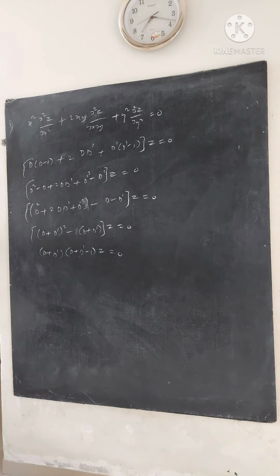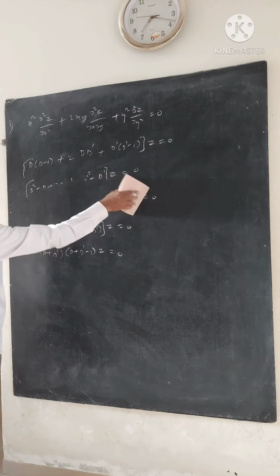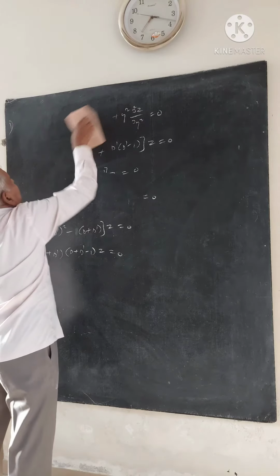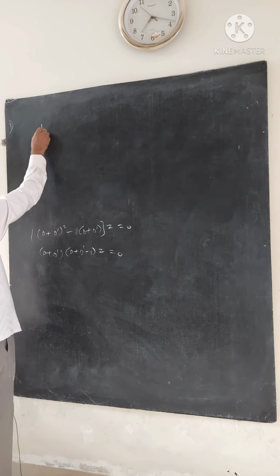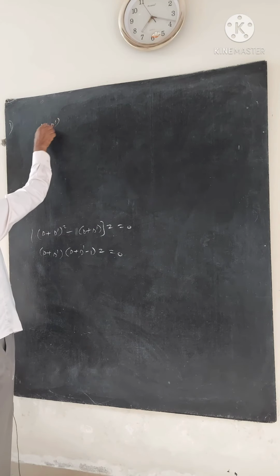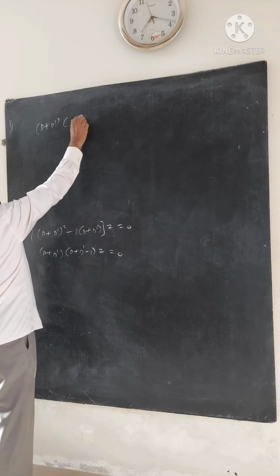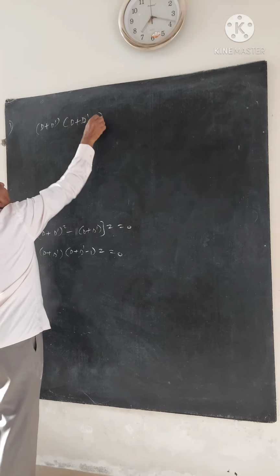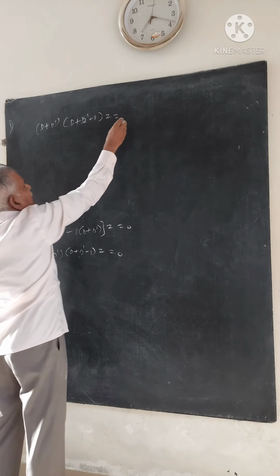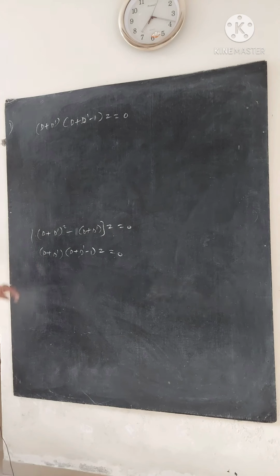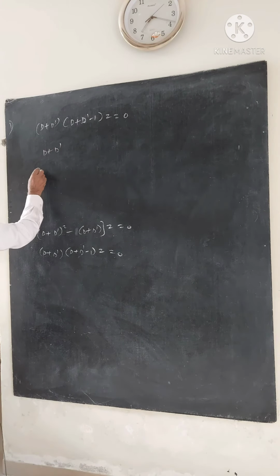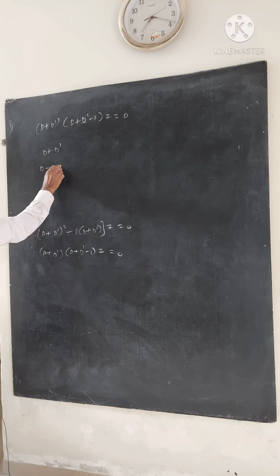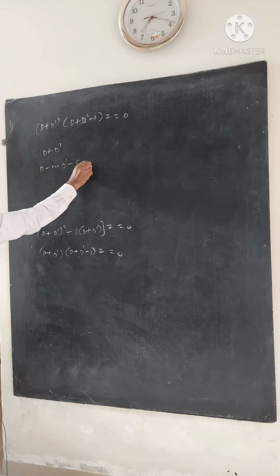There are two factors: D + D' and D + D' − 1.